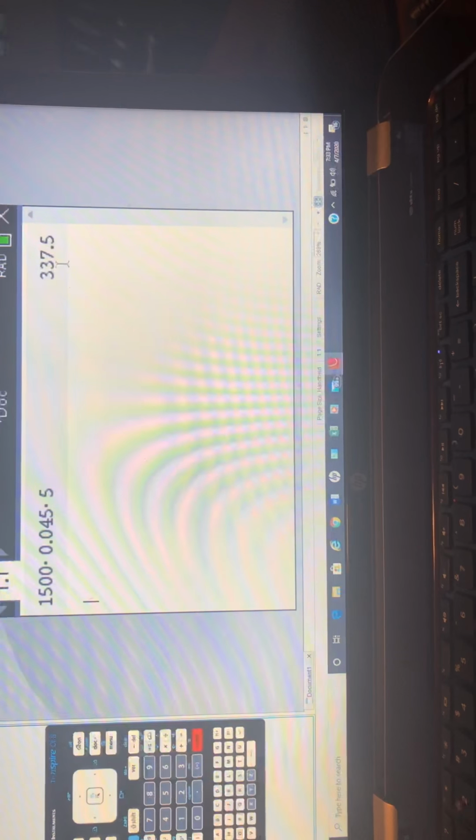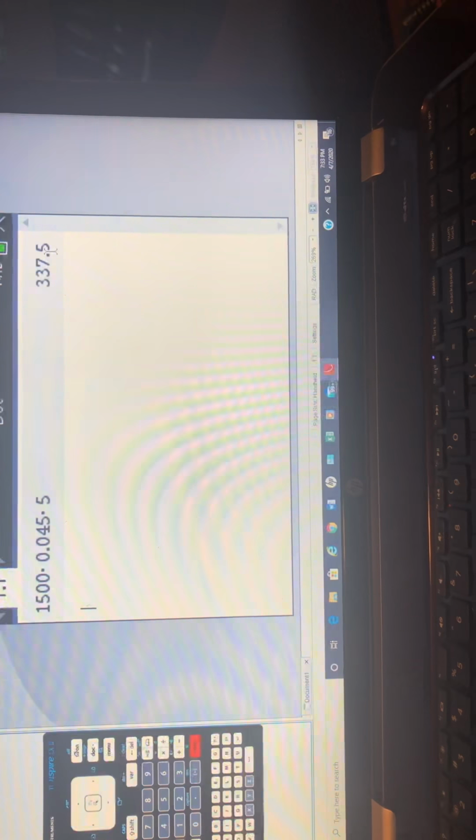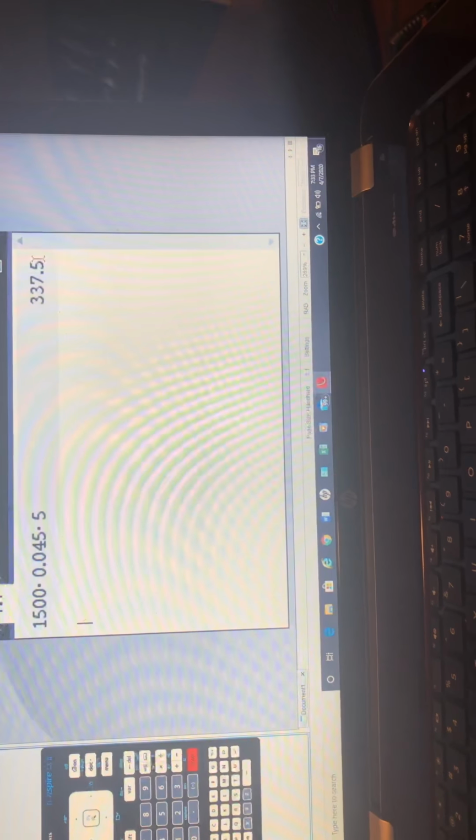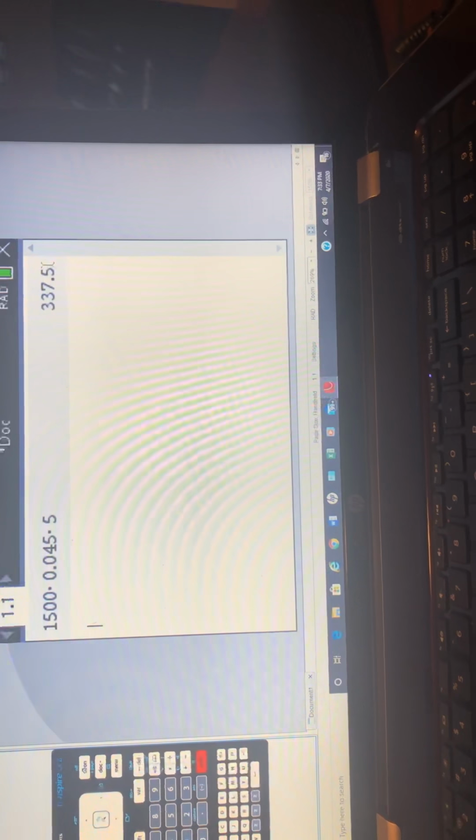Enter. So what Maribel's going to earn is $337, and that is 50 cents. 0.5 means 0.50. They just drop off the zero on the calculator. So I have to write this as money.